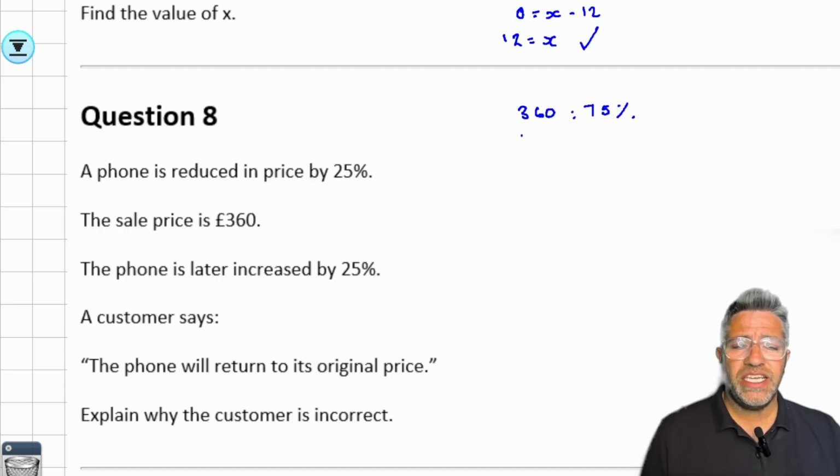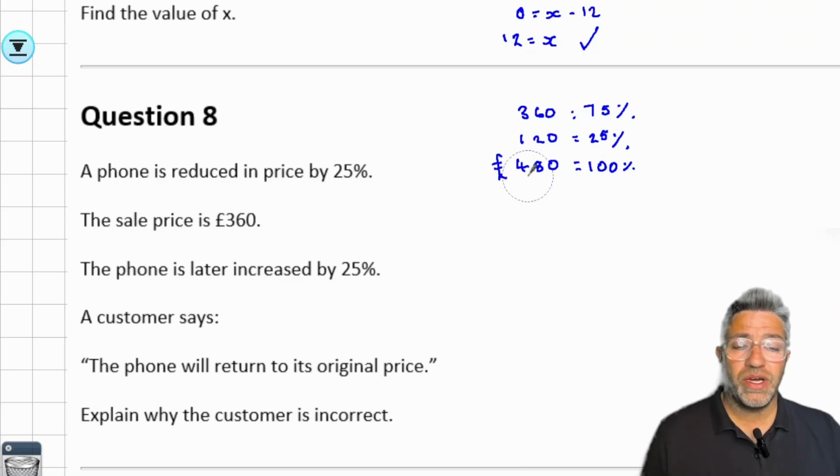If I divide each side by 3, £120 would have the value of 25% of the original price. And then I want to know the original price, so I'll times each side by 4. So the original price of our phone was £480.